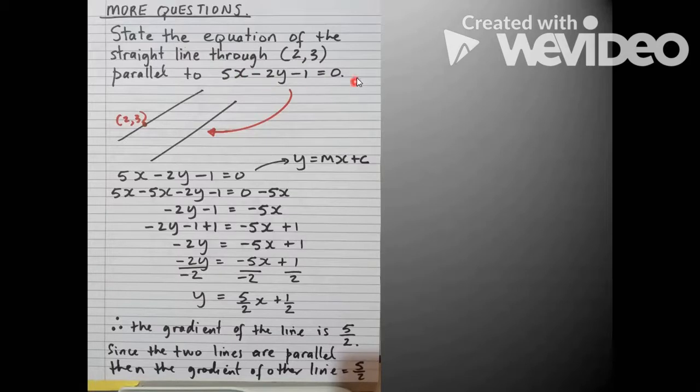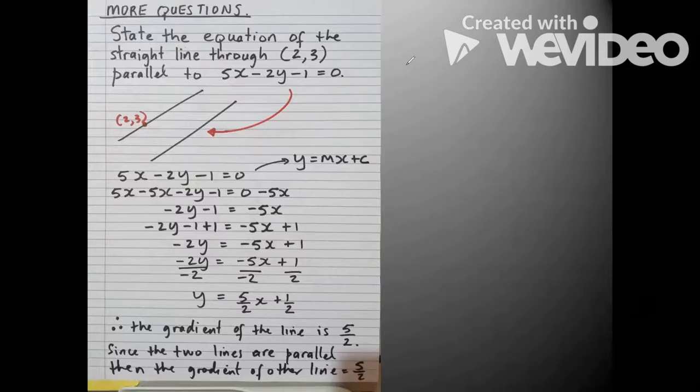Now, clearly, this is nowhere in the form of y equals mx plus c. So, we're going to get it in the form of y equals mx plus c. Let me just rewrite what I have down here. Even though it's written there, I just love to write again.